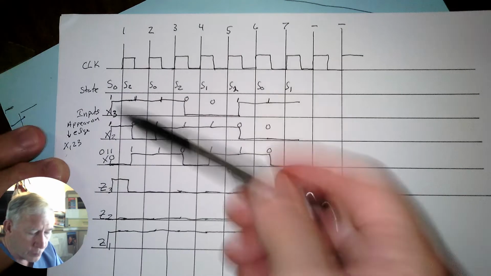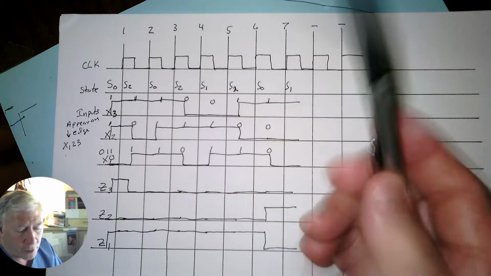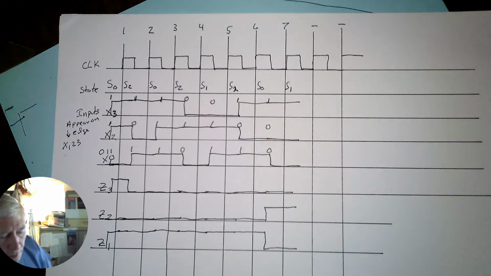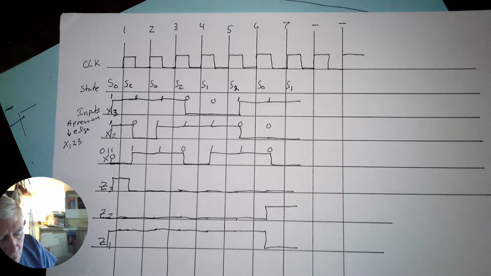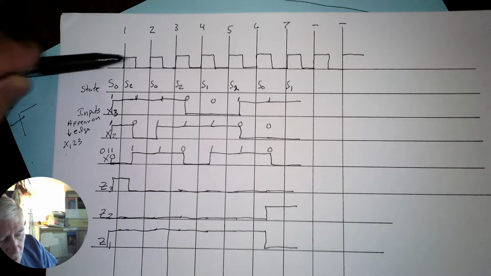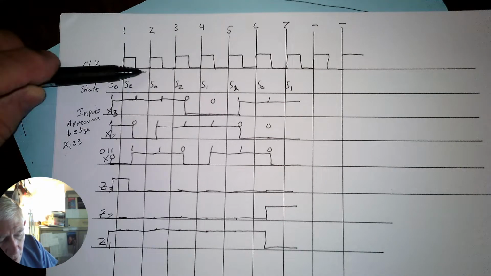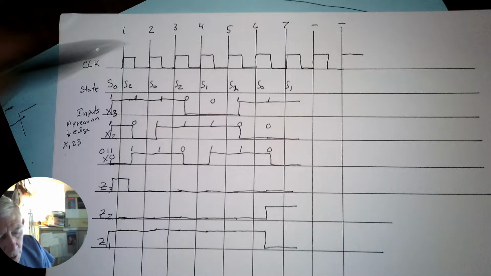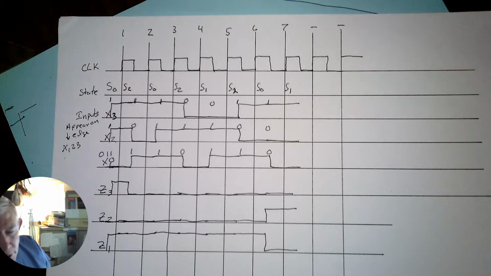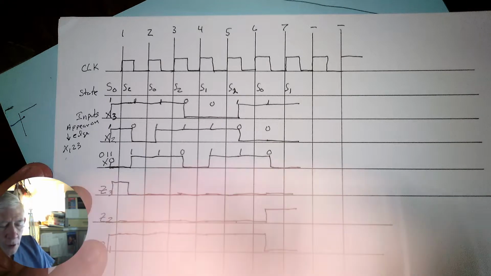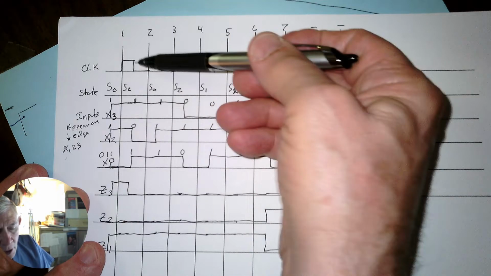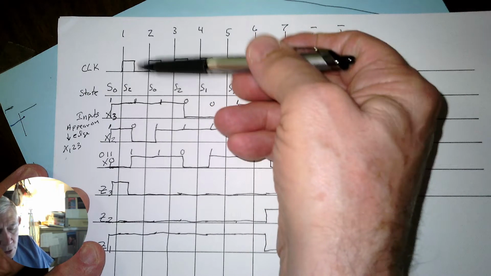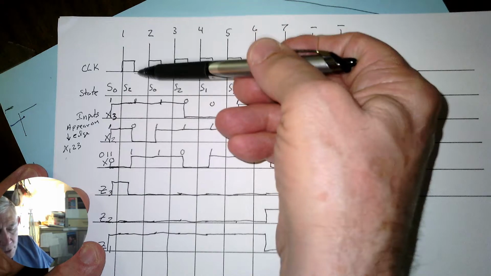Remember, one of the things you have to understand is that these vertical lines are the active clock edge, the rising edge of the clock. It's up for a little bit, then it goes down, and then it has another rising edge. At each rising edge, we change states, but the inputs change between the edges. For simplicity, I'm going to assume that the inputs are good by the time the clock falls again.